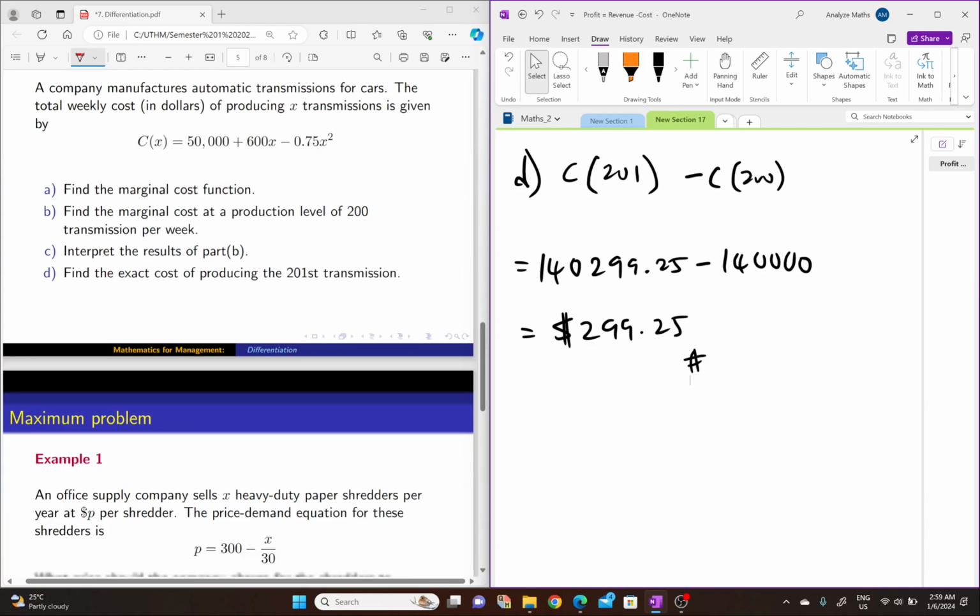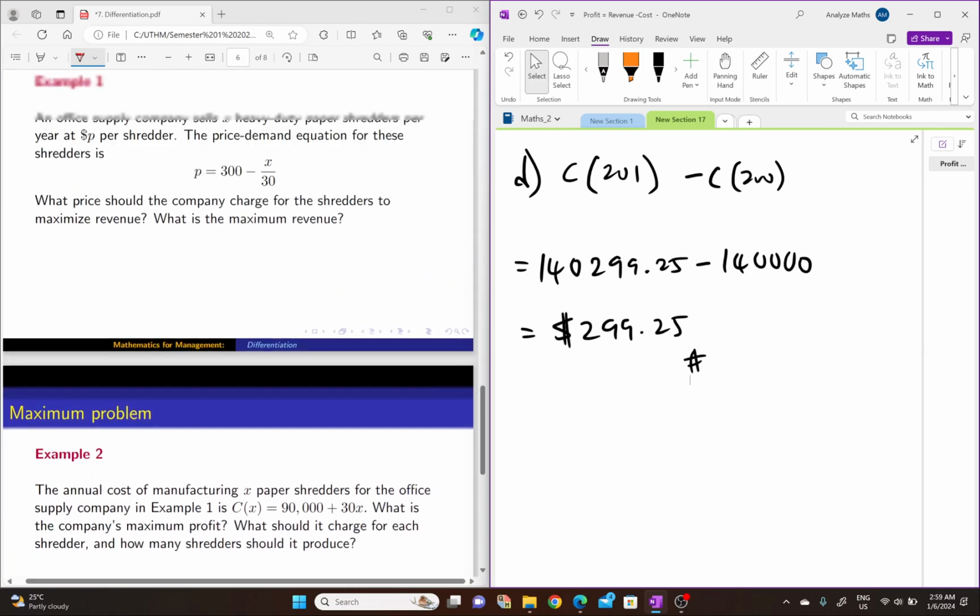Now we are going for the next application, which is the maximum problem.